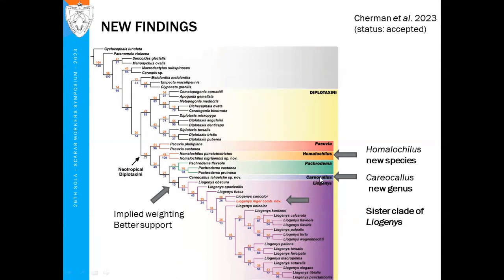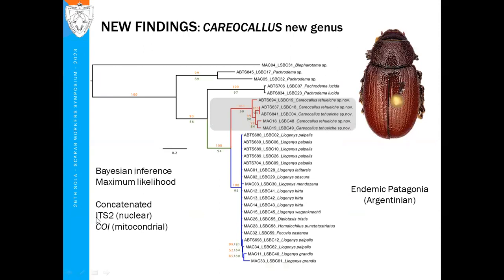When we tested the position of this genus with morphological and molecular data, both supported its sister position to Lyogenys. This genus is from the Patagonia of Argentina, and it is composed of 2 species.